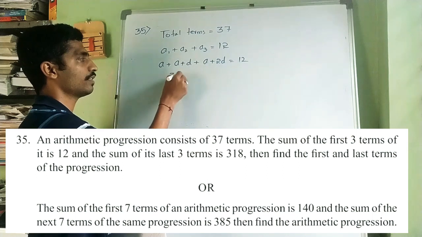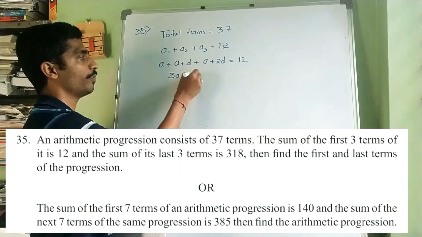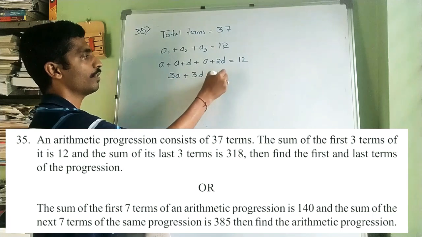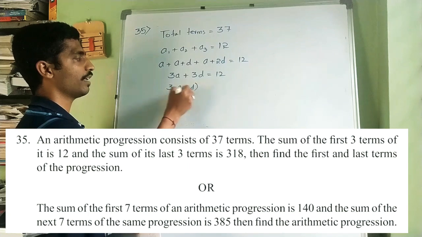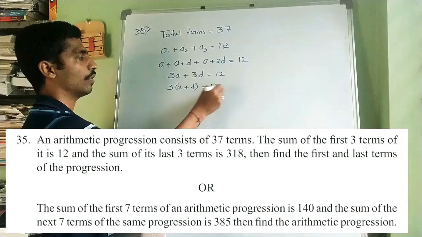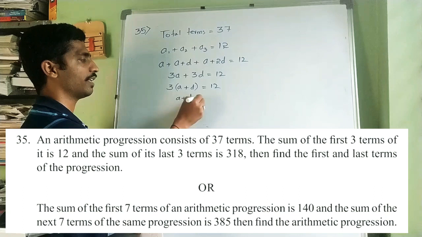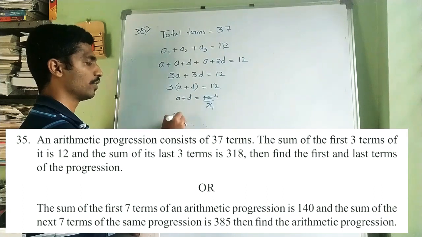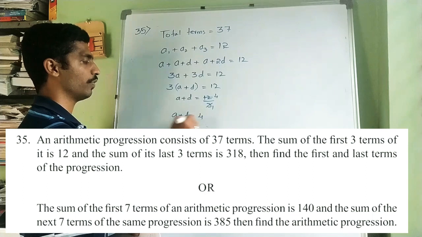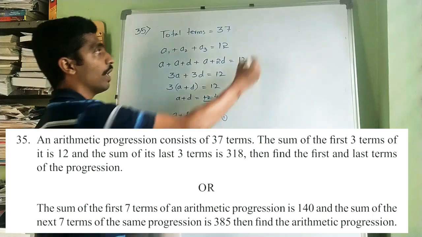Total how many A's? 3A. D plus 2D, it will be 3D, equal to 12. Okay, take the 3 common. It becomes A plus D equal to 12 by 3. 3 ones are 3, 3 fours are 12. So A plus D equal to 4. So this is our equation number 1.